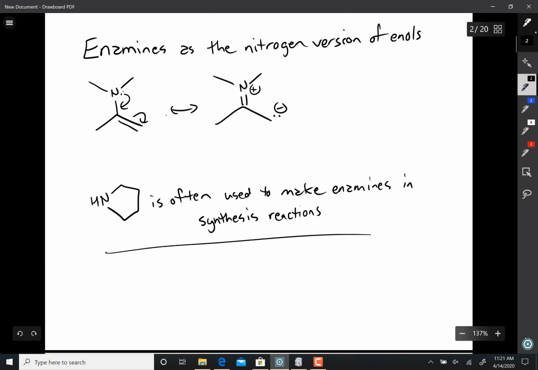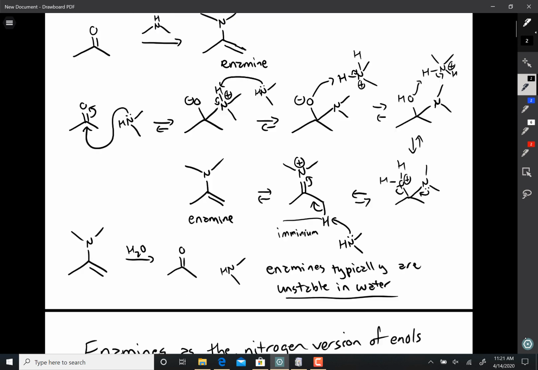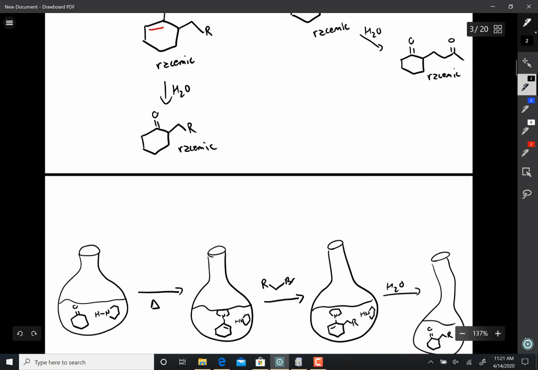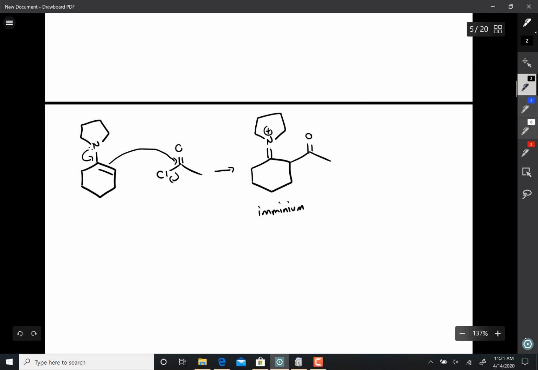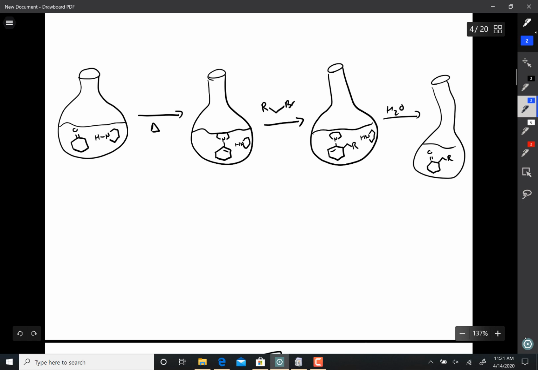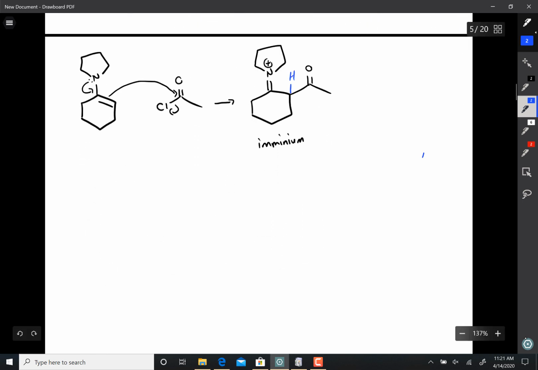Very similar to this aminium right here, which a base came and deprotonated to form the enamine. And we have the same situation right here. We have, though, two different hydrogens that you can pull off to reform the enamine.